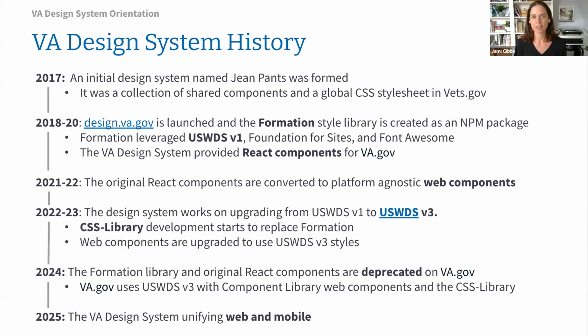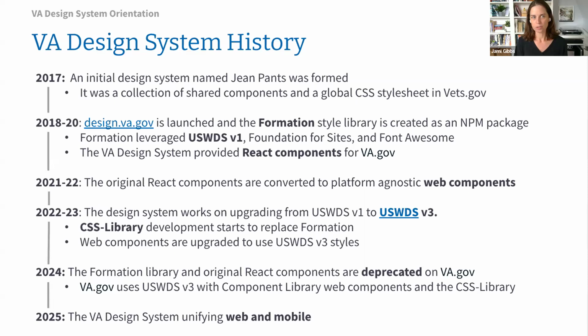So a little bit of design system history. The VA design system was started around 2017, and it was initially named Jean Pants. Now, Jean Pants was essentially just a collection of shared components and global style sheets on what was then called VA.gov.